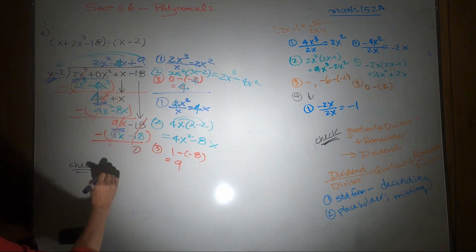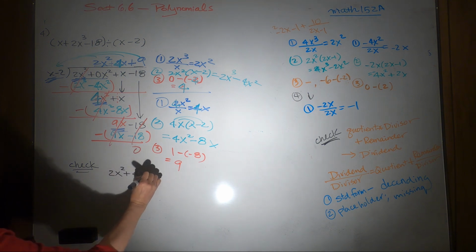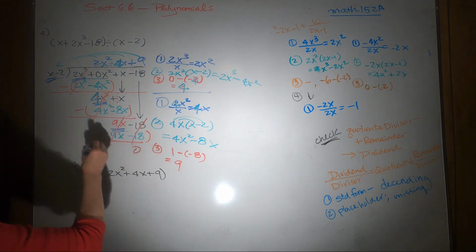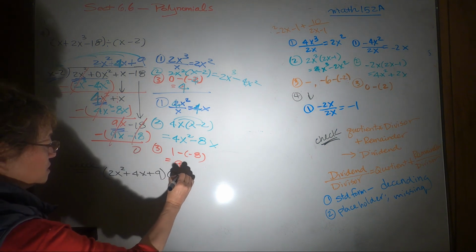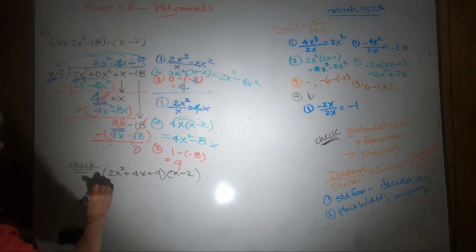So we just do what? Quotient times your divisor. See, you can get back to your numerator, which is the dividend.